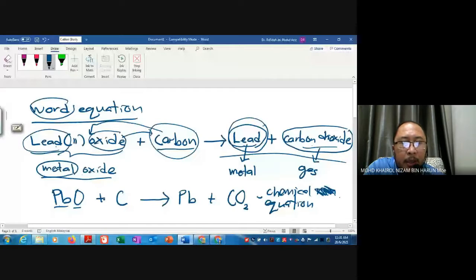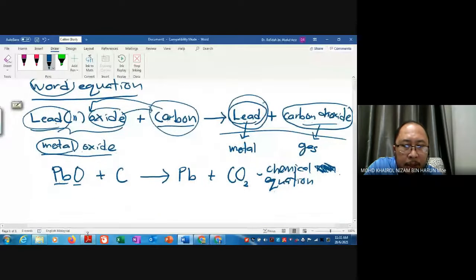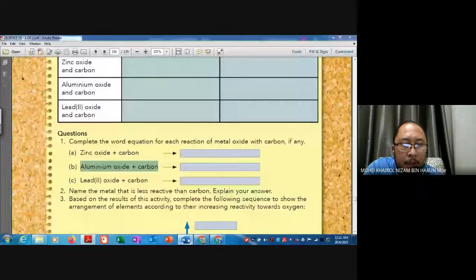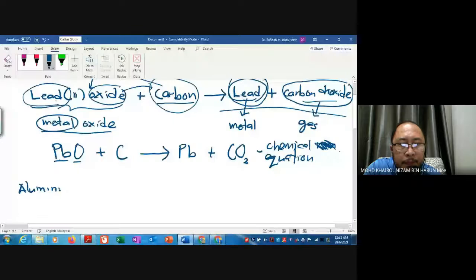Okay, next example is aluminium oxide and carbon. Aluminium oxide reacts with carbon.